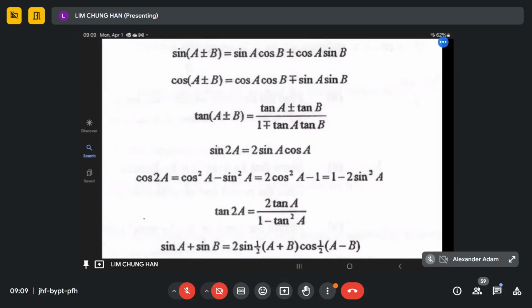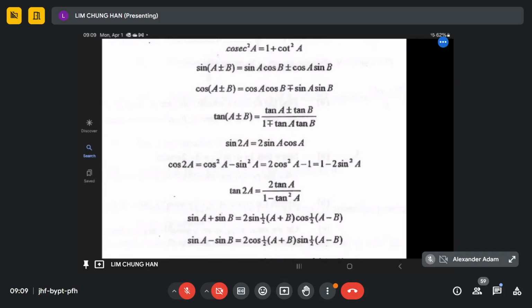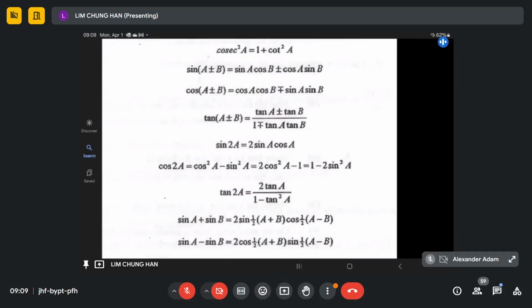Let me zoom in. I cannot zoom in. Do you see here? Sine 2a equals 2 sine a cos a. You see this one, the one in the middle? Sine 2a equals 2 sine a cos a. The a is basically t or theta.